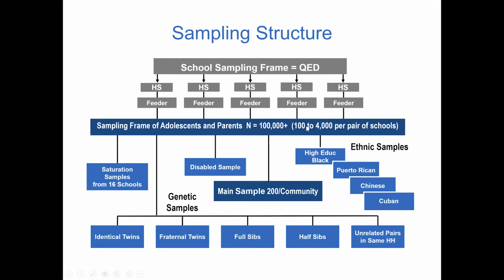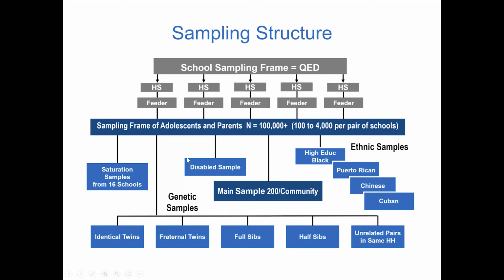The other aspect of the sampling design is we had a number of oversamples. We oversampled a high education Black sample. These are African-American adolescents who had at least one parent with a college degree. We oversampled Puerto Rican adolescents, Chinese adolescents, and Cuban adolescents.